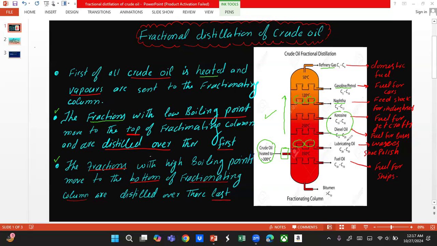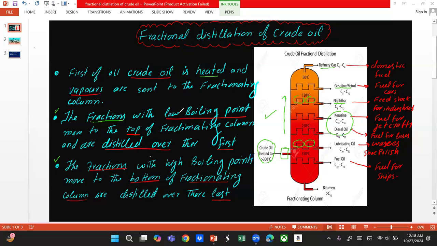Okay, so the fraction which is higher, you will have to say it will move to the top of the fractionating column, while the fraction which is lower than the given one will move to the bottom and will be separated at last. Points are the same as I have written for you. But what you need to do is specify the names of these fractions. So when fractional distillation of crude oil is there in the examination, you have to write in general, right? You don't need to be specific.